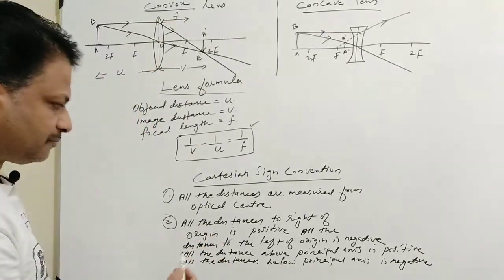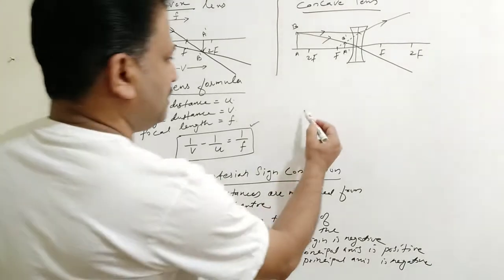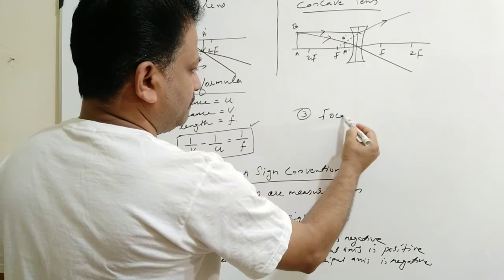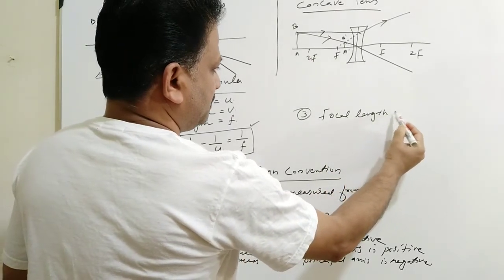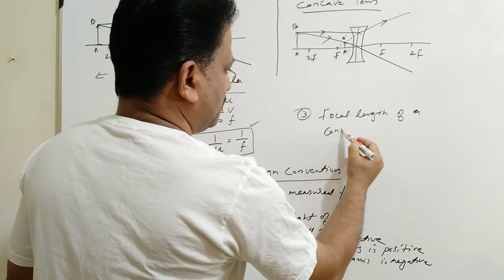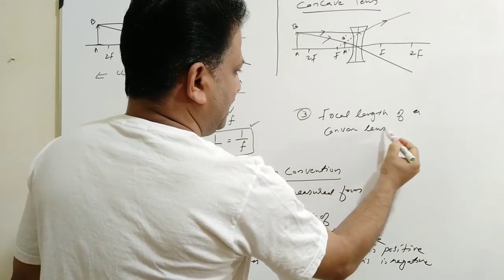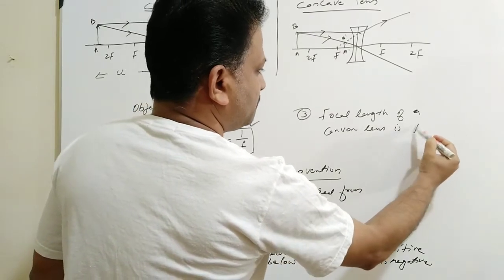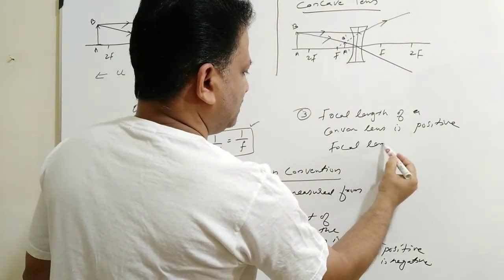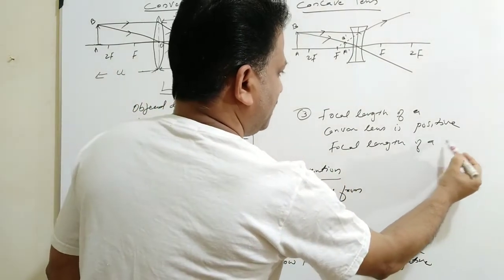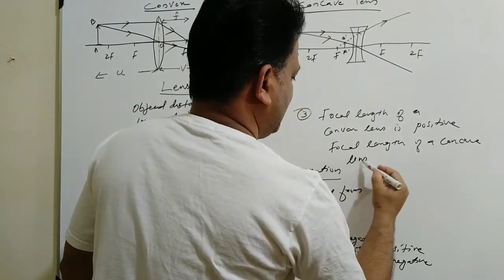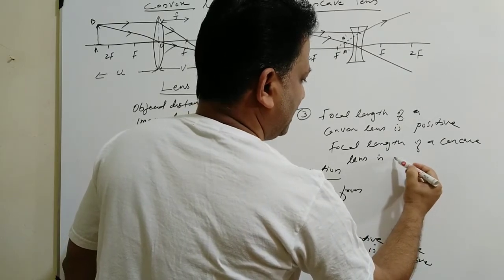Third rule, we have to remember the third rule. The focal length of a convex lens is always positive, and the focal length of a concave lens is always negative.